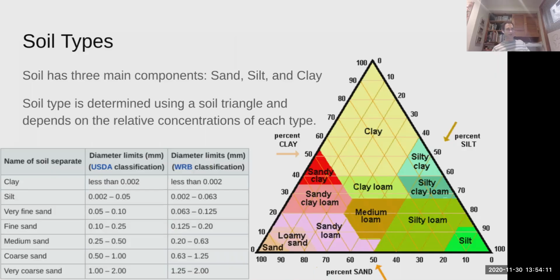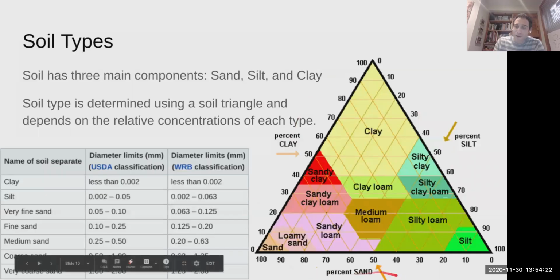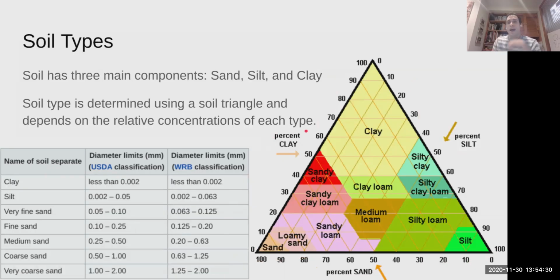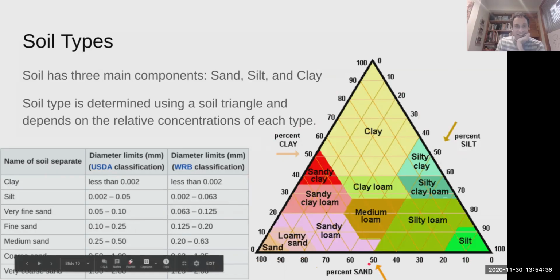Now we're getting into our next section, which is soil types. Now we did a little work with this with our lab already. The soil triangle over here has all of our different soil types in it. And the way we determine soil type is by determining how much clay there is, what's the percent clay, what's the percent silt, and what is the percent sand.